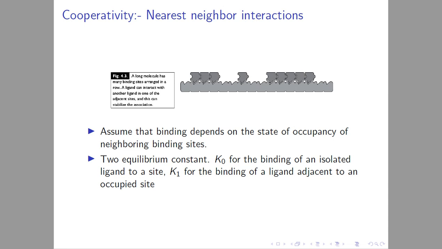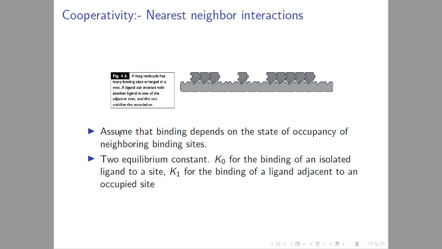If we have a very large binding site and a long protein with many binding sites, the next ligand will attach to the next binding site. So let's say these are all the binding sites.